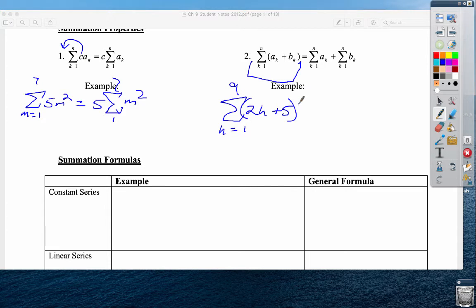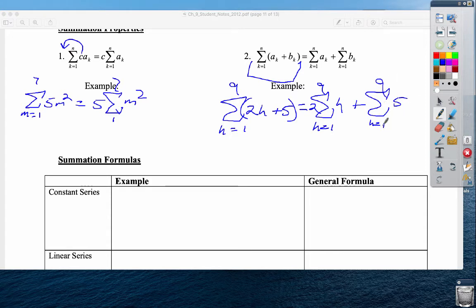So I'm allowed to split this up, and then I'm going to use the rule from over here. I'm going to pull the 2 out front, get an h right there, h equals 1 to 9, and then I get the sum from h equals 1 to 9 of 5.